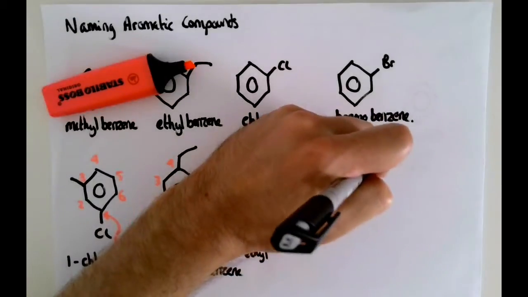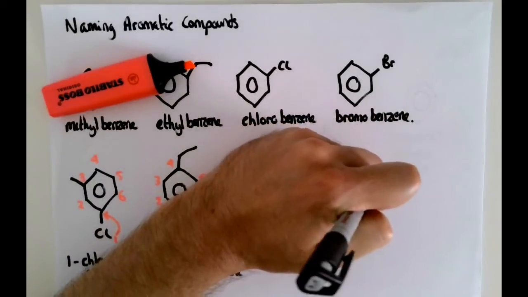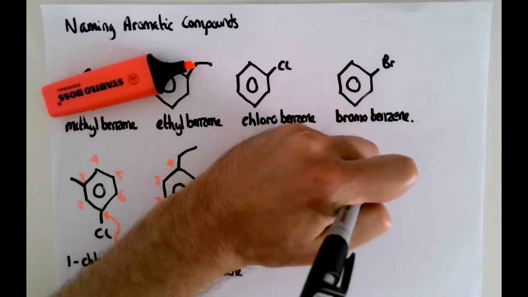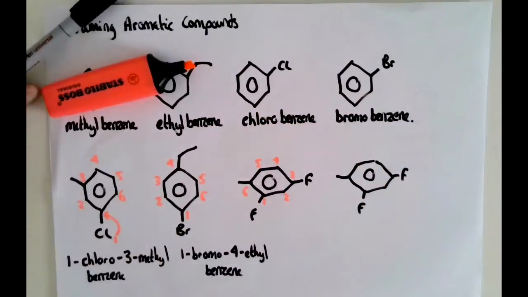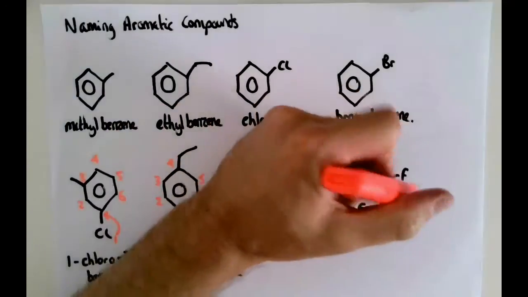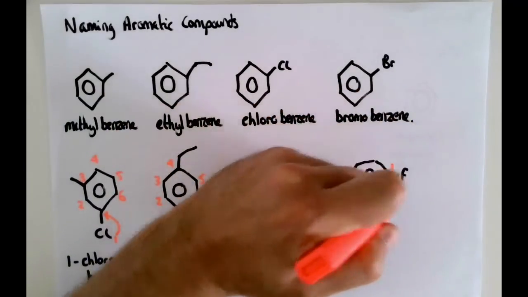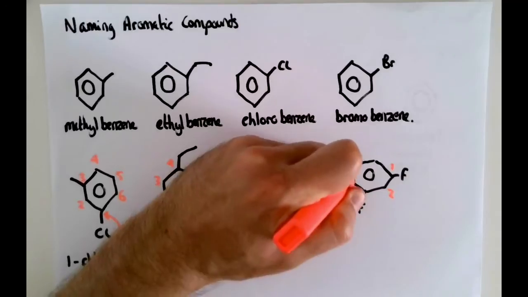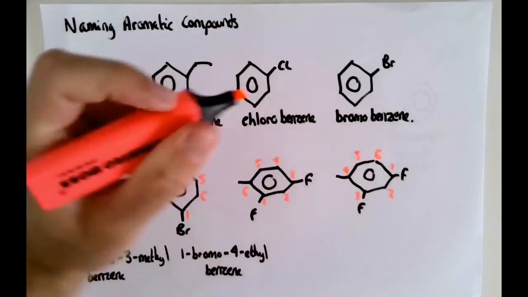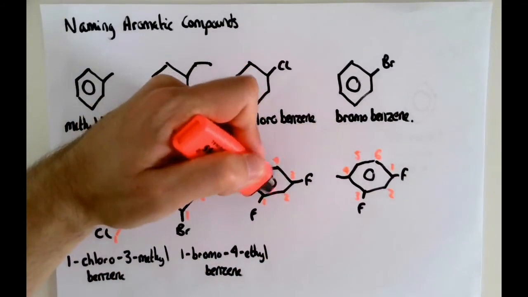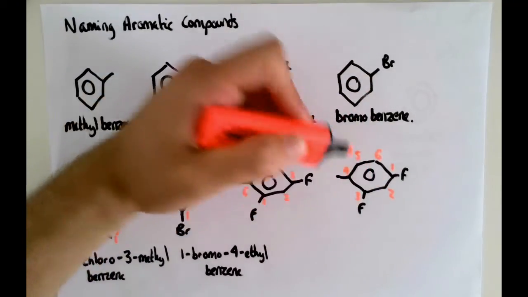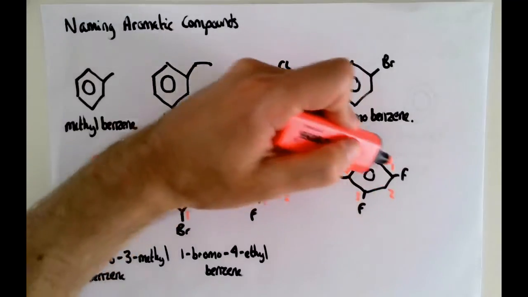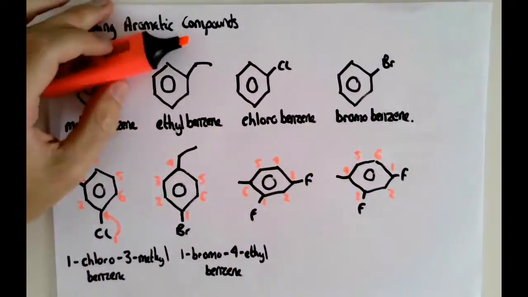But actually there's a way of getting the numbers to be lower than that. So if I go like this, draw the molecule again. So same molecule, and this time I'm going to do number 1, 2, 3, 4, 5, 6. You see the fluorines are still numbers 1 and 3, but the methyl group is now number 4 instead of number 6. So this would be the correct way of naming this molecule.